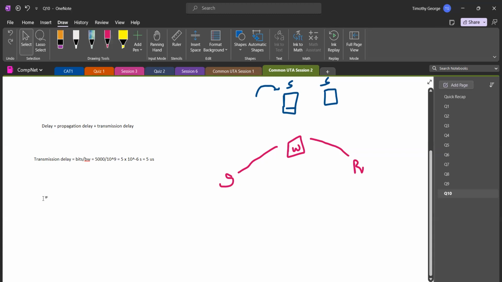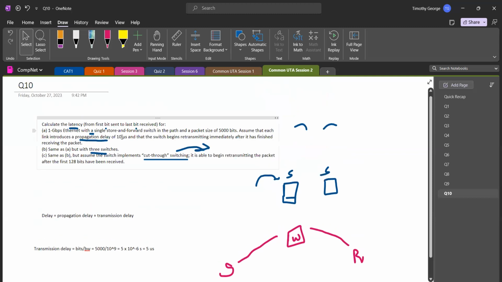So what do I mean? The total delay from first bit sent to last bit received, FBS to LBR, is going to be 2 into the delay of 1 link, which is propagation plus transmission.